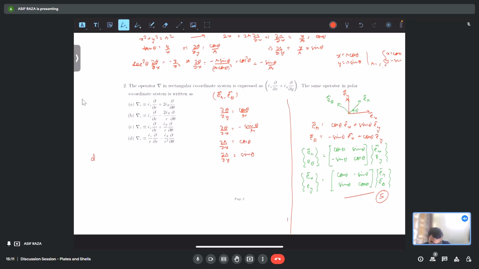We know when we find a total differential, like if you find a total u which is a function of x and y, when you take a total differential we get dou u by dou x dx plus dou u by dou y dy, and this is again a function of r and theta.